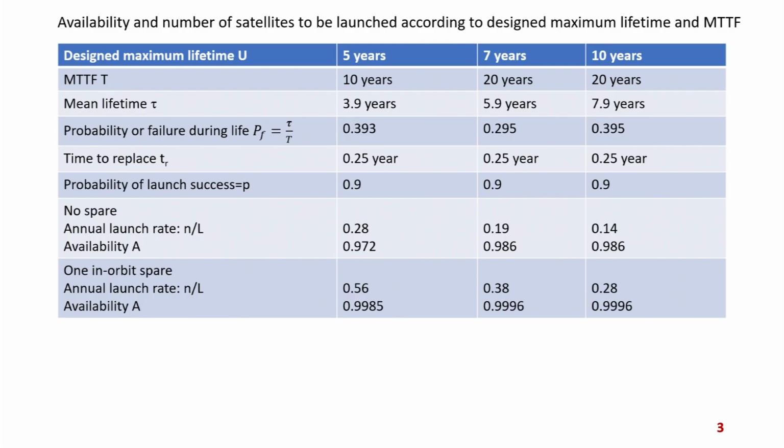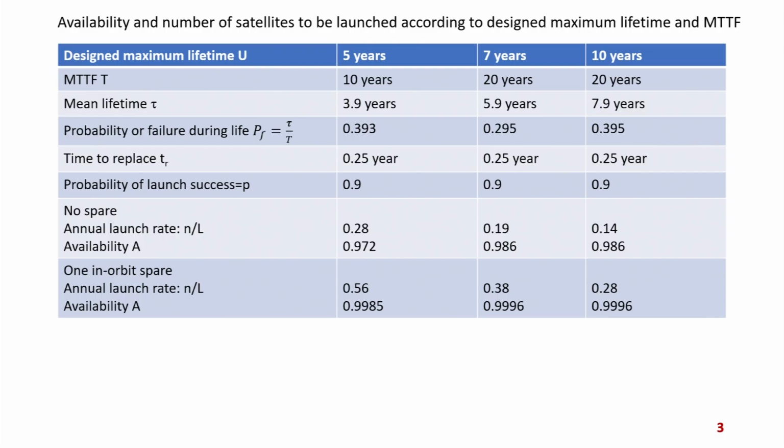Using those equations from the last class, this table is made from that calculation. Different cases are given with a maximum lifetime of 5 years, 7 years, 10 years, and the mean time to failure, MTTF, of 10 years, 20 years, 20 years. Once you know these two quantities, you can calculate the mean lifetime: 3.9 years, then 5.9 years and 7.9 years.